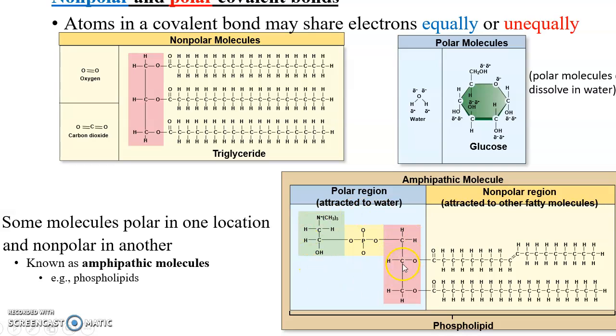It has a charged region where you find a phosphate group, and it has a non-polar region where you find fatty acid molecules. So the fatty acid molecules, not charged, non-polar region. The polar region where you have that phosphate group is charged. So polar region attracted to water, non-polar avoids water.